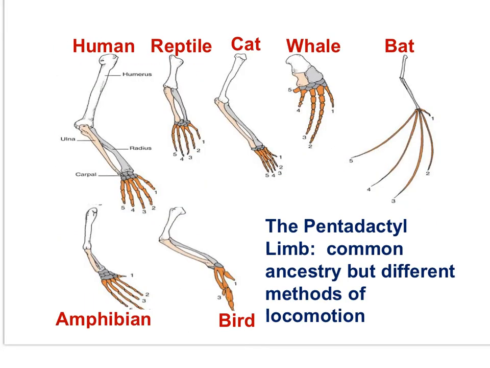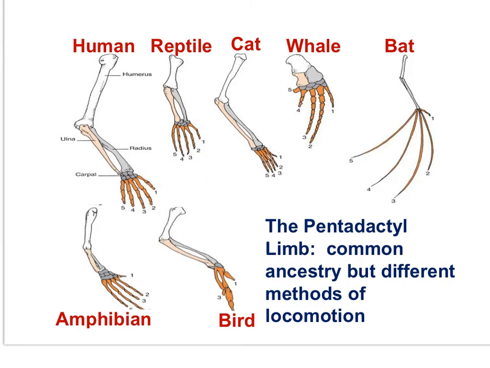In this slide, showing the common ancestry of the limbs of various species, you can see the different locomotive functions. The wing of a bat is for flying. The fin of a whale is for swimming, while the forelimb of the bird is for flying, while the limb of the human is for grasping, and ancestrally for moving through trees.